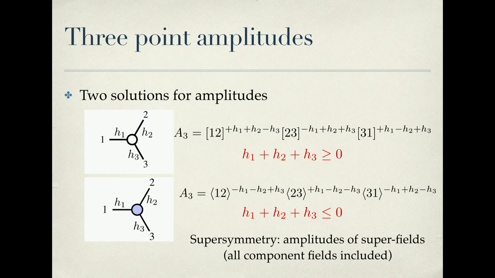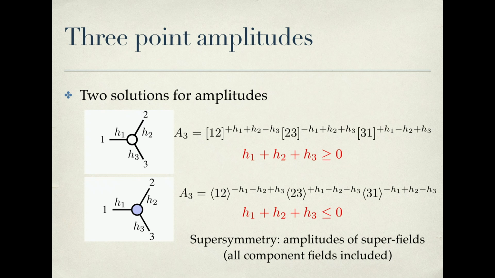It doesn't depend on the theory, it just depends on the helicities of the external particles. So the 3-point amplitude is completely fixed to all loop orders in perturbation theory. It's just kinematics. And there were two options. The first one corresponds to having all lambdas proportional, so all these angle brackets are 0. So the only thing that we can write are these square brackets.